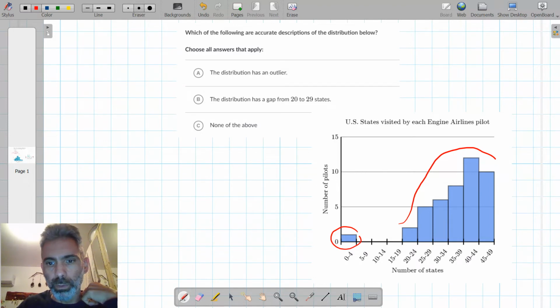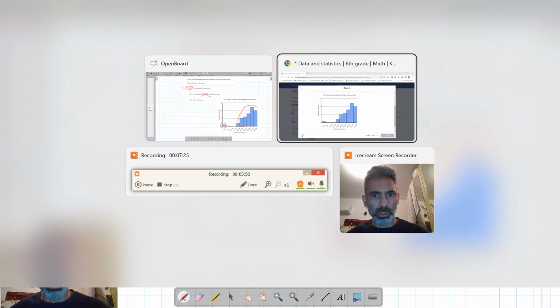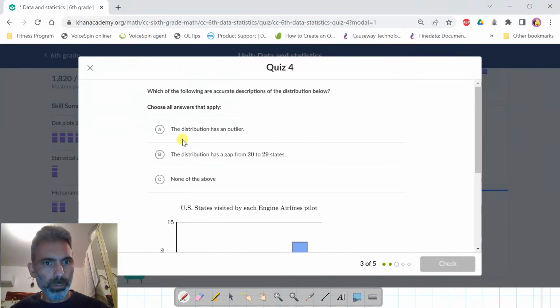It's much further to the left, so this is the correct option. The distribution has a gap from 20 to 29 states, so no, 20 to 29 we have data here, so this is not correct. So option A is the correct answer here.